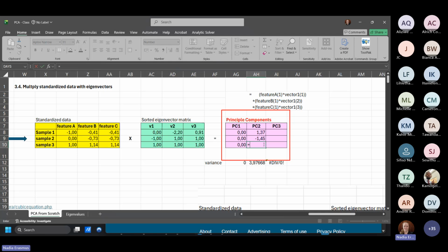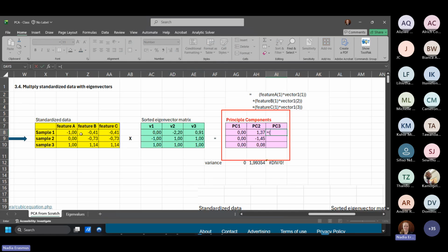Enter. Then we have sample 3 multiplied by the first value, plus feature B for sample 3 by the second, plus feature C multiplied by the third value. There we go. Okay, and then we have the last one to do still.